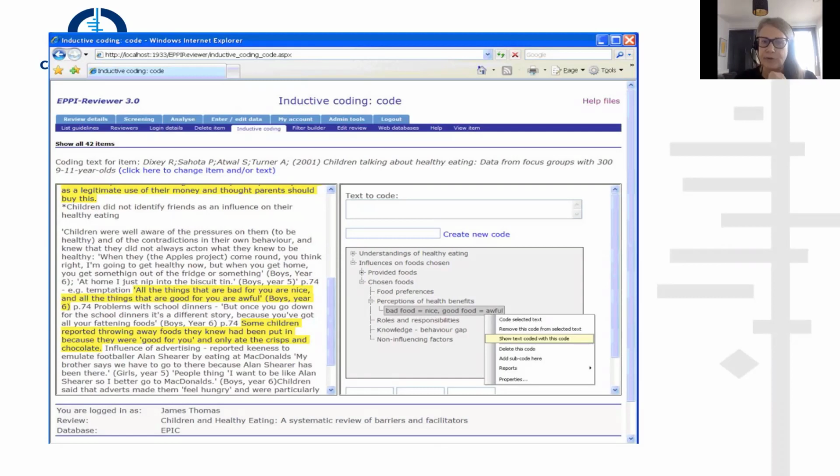So this is in EpiReviewer, but very similar systems in, for example, NVivo. So you can see here in the inset box, there's all the codes that are being used in the review. So you can see they're highlighted. Something about bad food equals nice, good food equals awful. And you can see there all of the text that is highlighted by that code. Next slide, please.